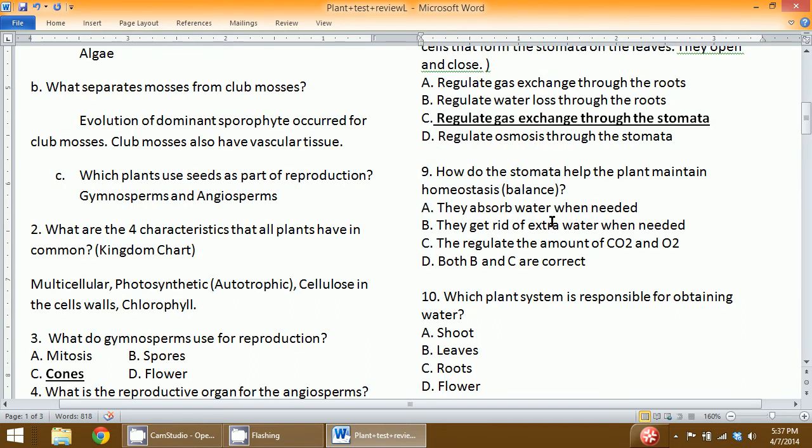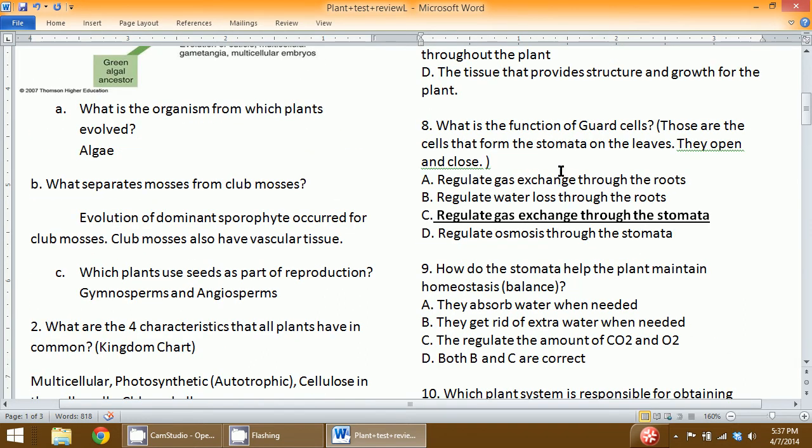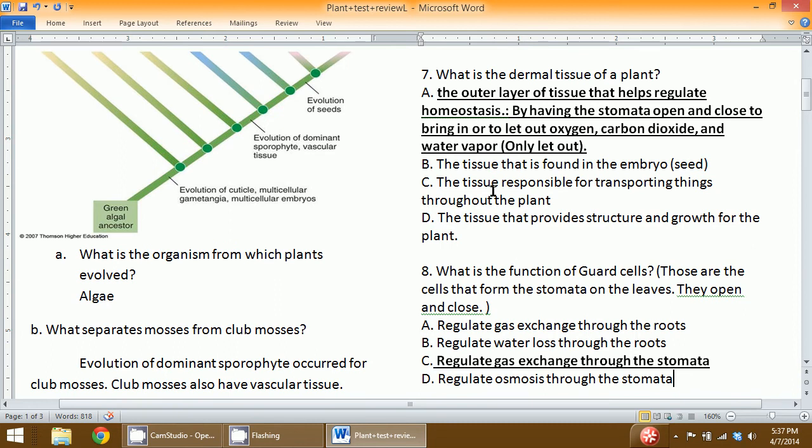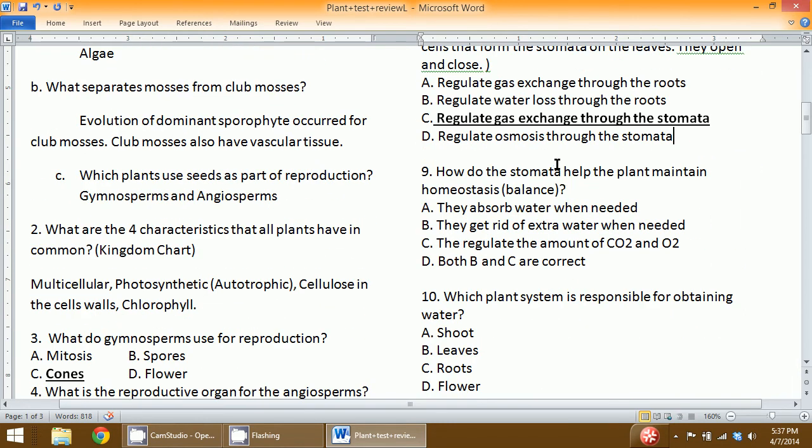How do the stomata help maintain homeostasis? I talked about that in number 7, if you want to go back. But the way they do that is by letting in or letting out the proper amount of carbon dioxide and oxygen. And they also allow the plant to get rid of water.